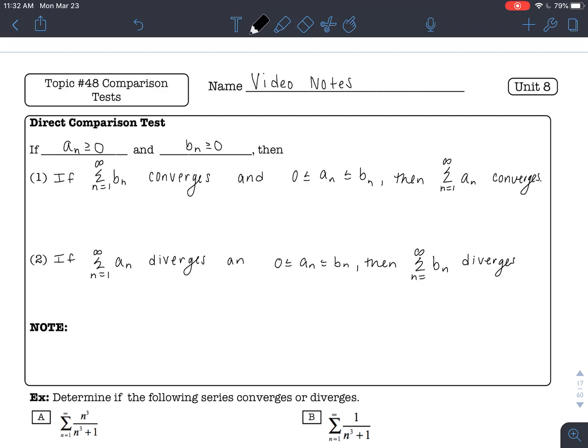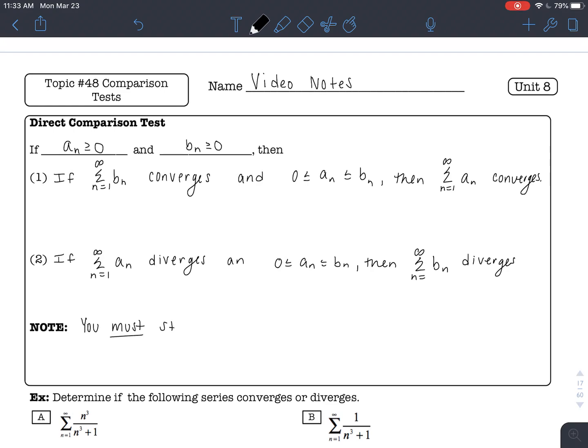So basically, if you have these two sequences and you can put them in order, you can say that one of them is always greater than or equal to the other one. If you know that the smaller one diverges, then the bigger one is also going to diverge. But if you know that the bigger one converges, then the smaller one will also converge. The tricky part is you usually have to come up with the second series that you're going to compare it to.